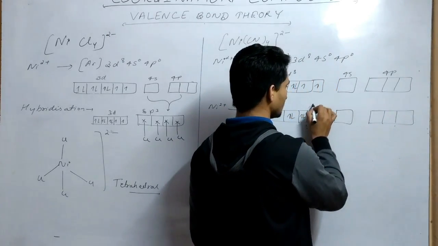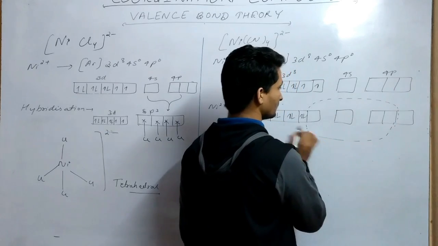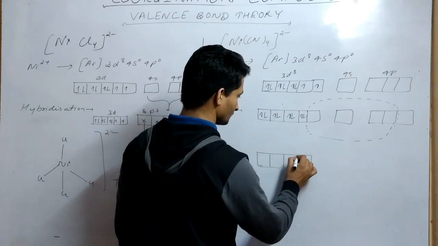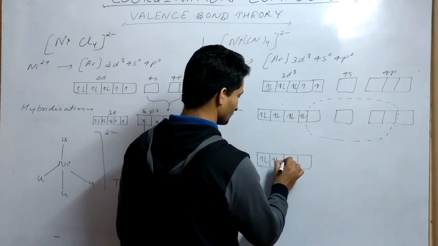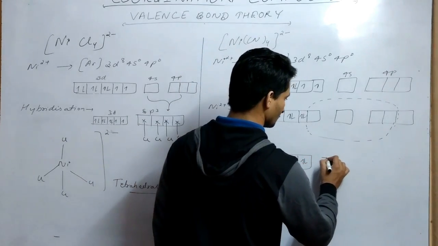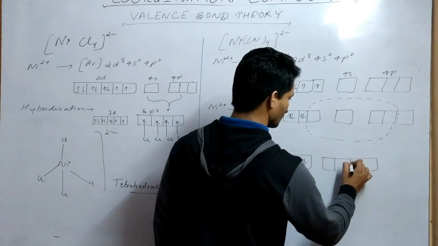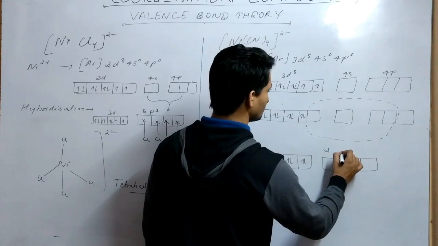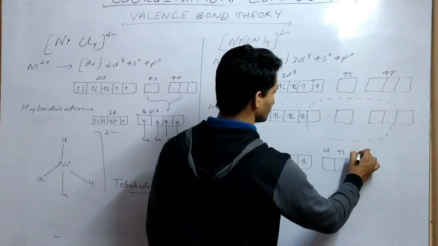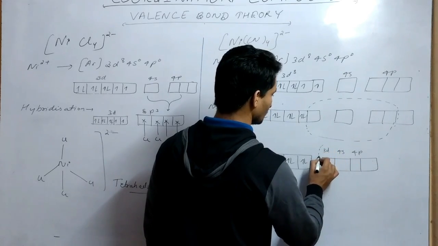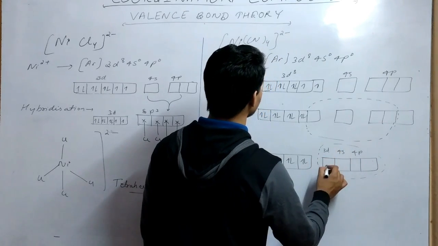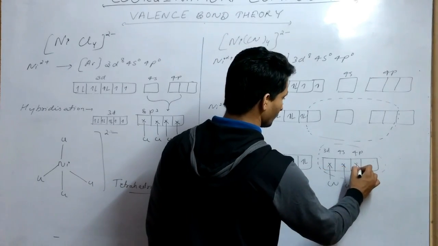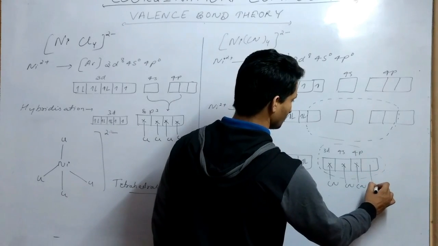So for hybridization, this is 3d, this is 4s, this is 4p. They come together and cyanide donates electrons and forms coordinate bonds.